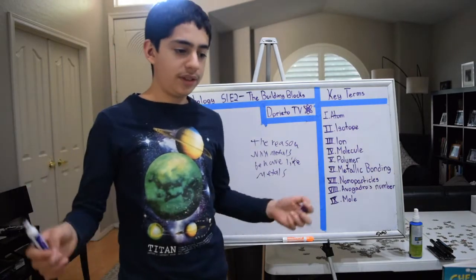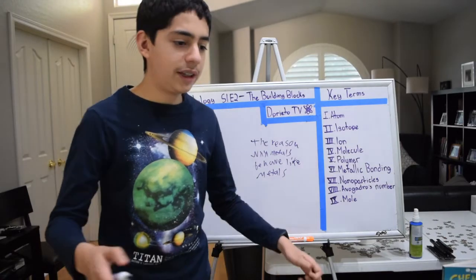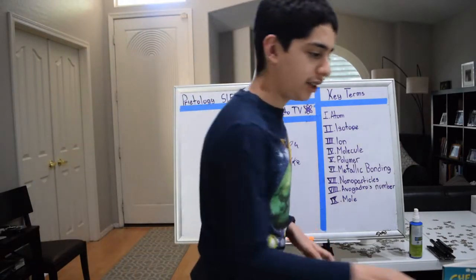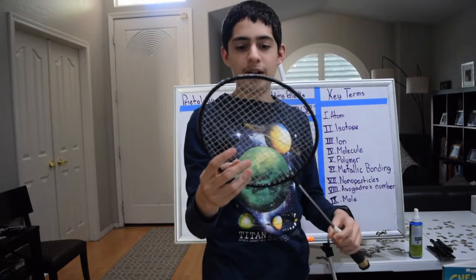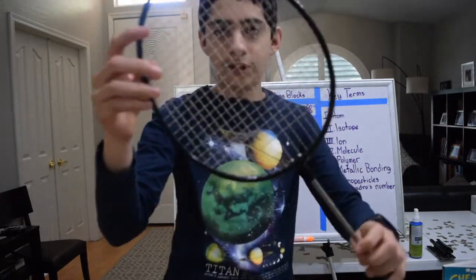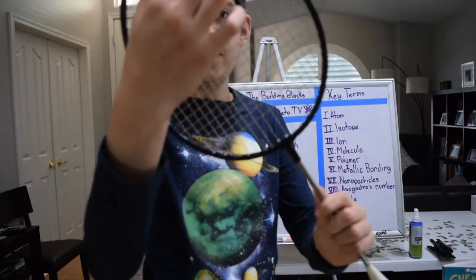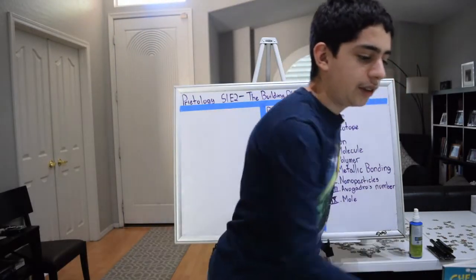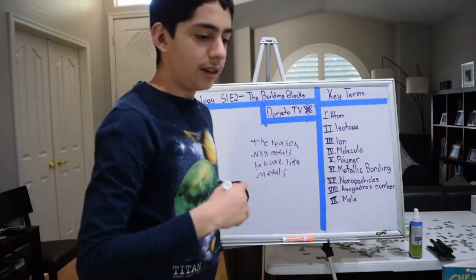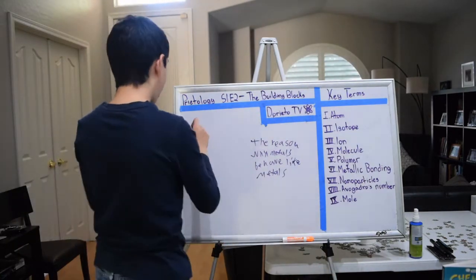In metallic bonding, the metals are held together in a lattice of positive ions. If you don't know what a lattice is, a badminton racket is a good example. As you can see here, a lattice is basically like a square checkerboard kind of pattern. So they're made in a lattice of positive ions.